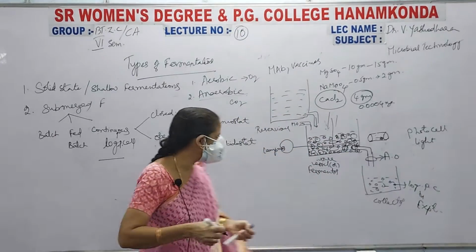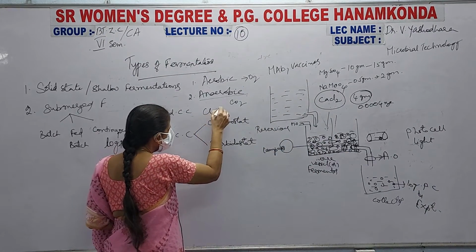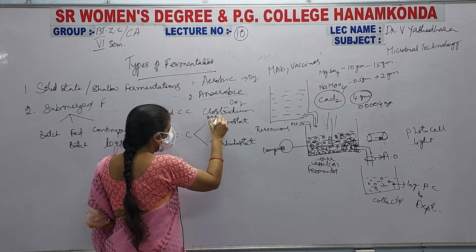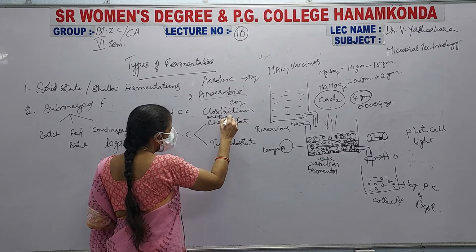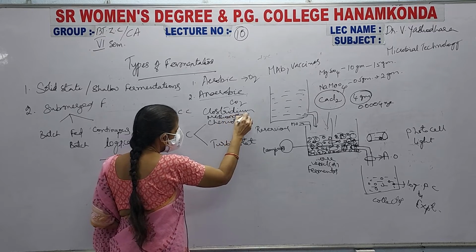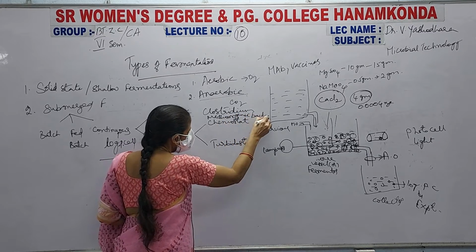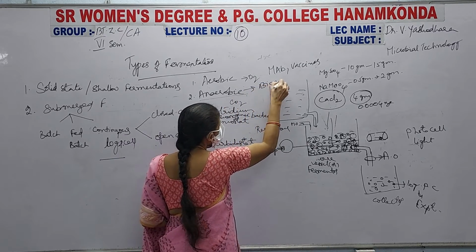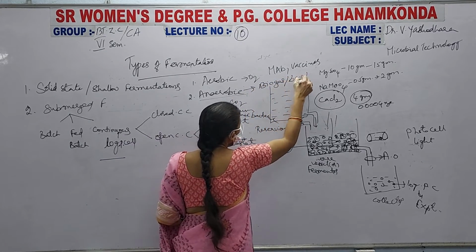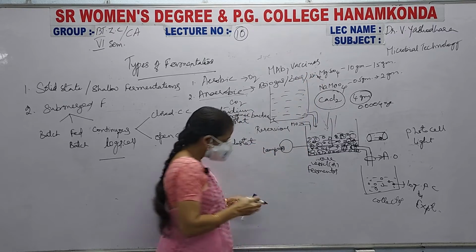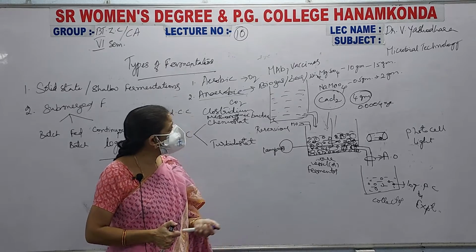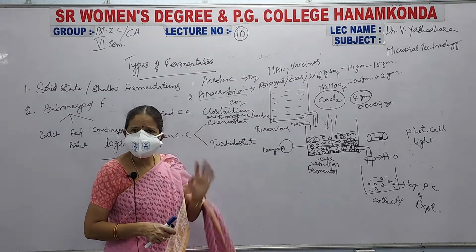Examples of these microorganisms are Clostridium, methanogenic bacteria, which help in the production of biogas. Beer, wine, this is anaerobic fermentation. The production of biogas, beer and wine, this is your anaerobic fermentation.